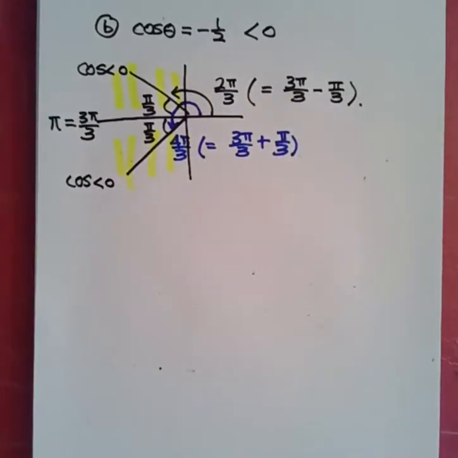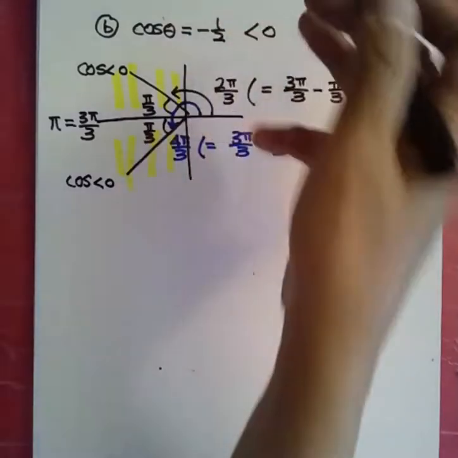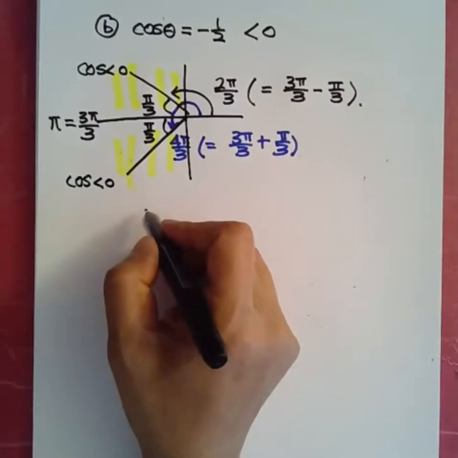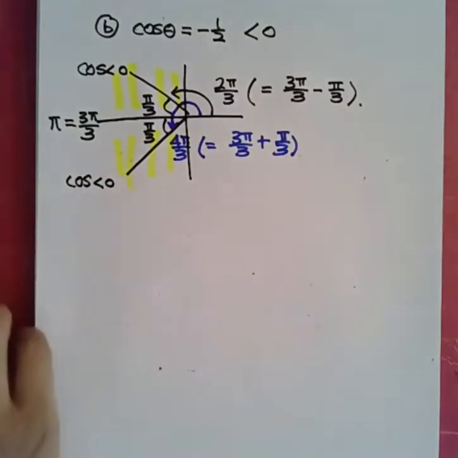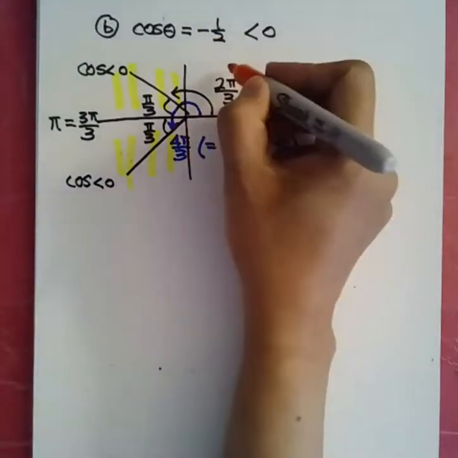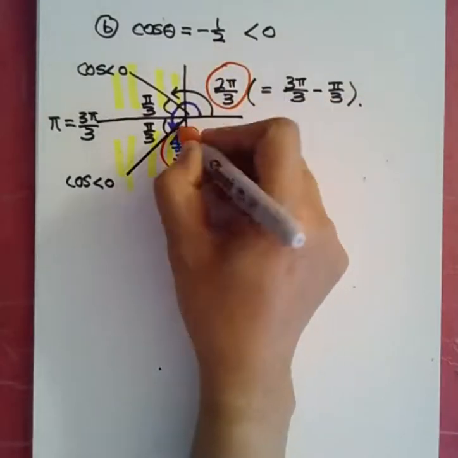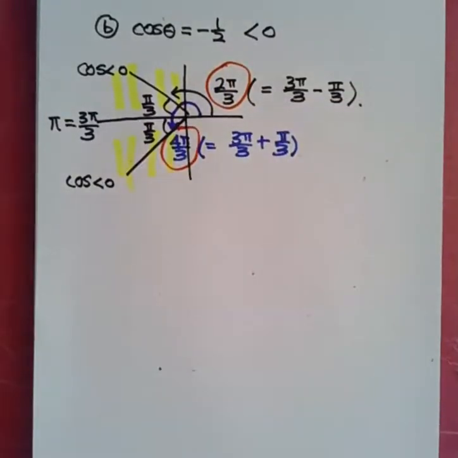We got two angles for this problem. Those are 2 pi over 3 and 4 pi over 3.